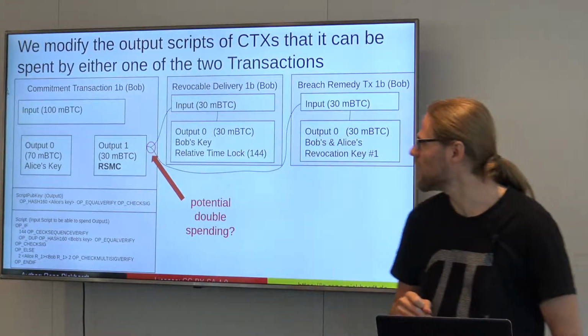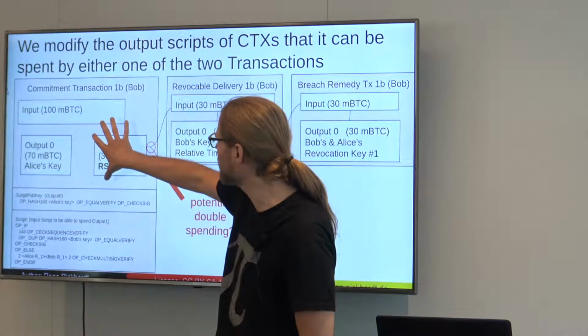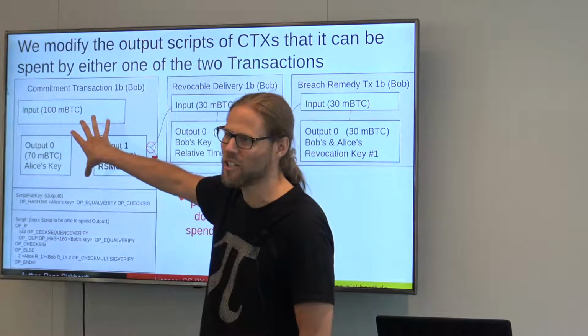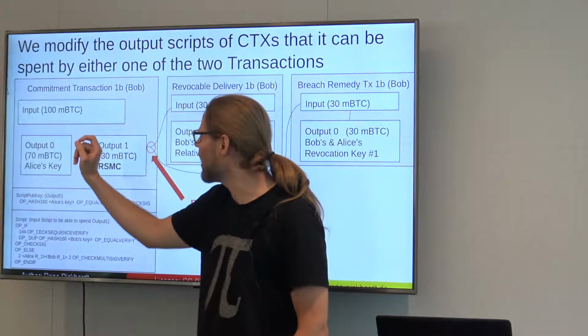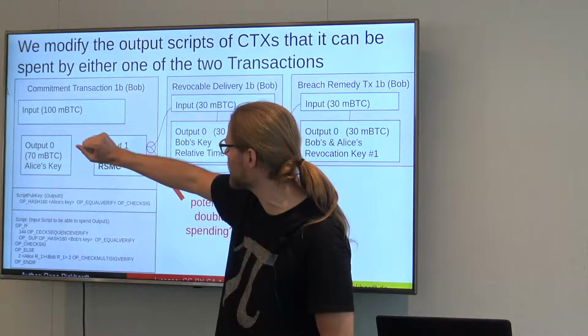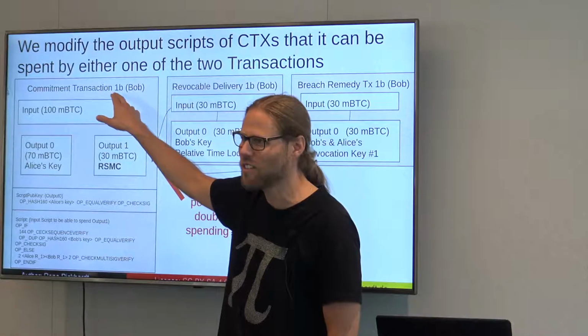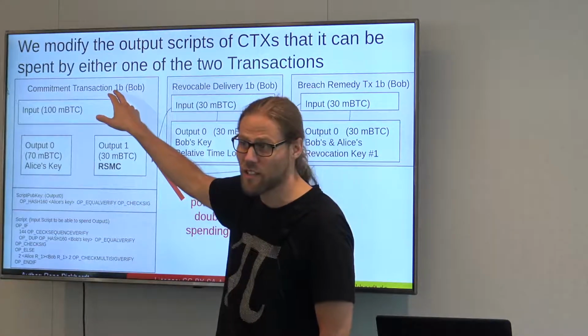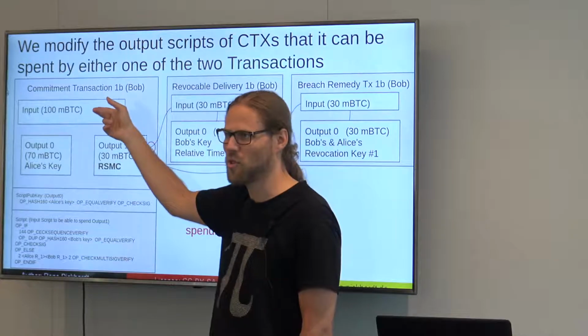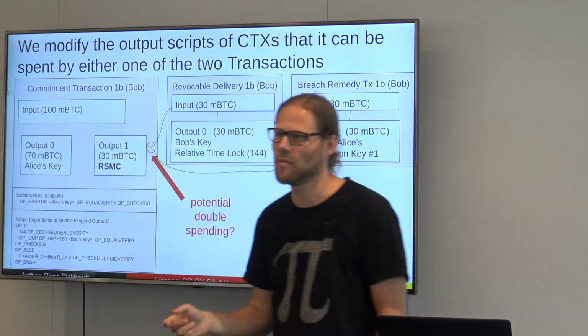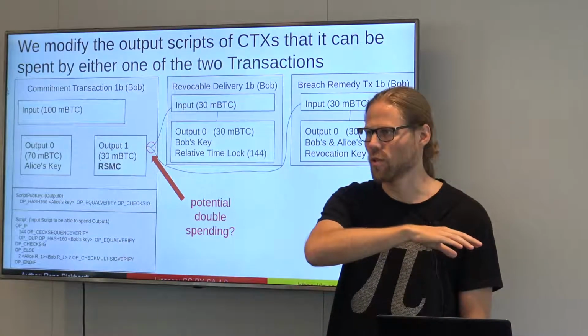So we do this by changing the output of the commitment transaction. And now I already did a slight modification of the commitment transaction. First of all, it's not called commitment transaction 1 anymore, but it's called commitment transaction 1B because it's Bob's commitment transaction. Alice has her own version of a commitment transaction, right?